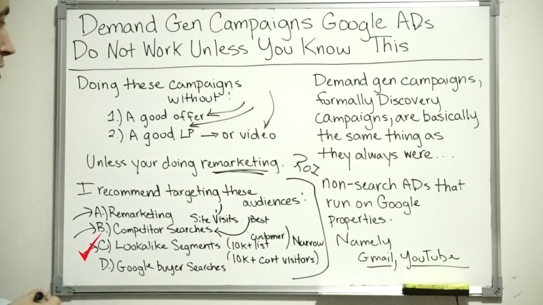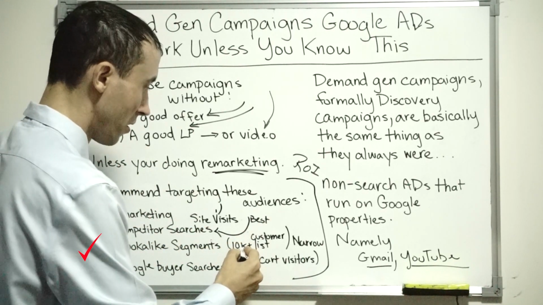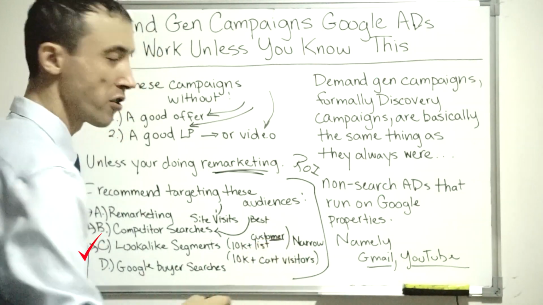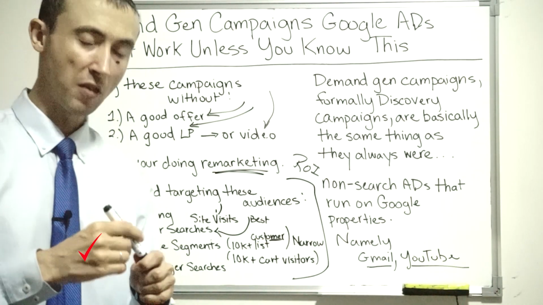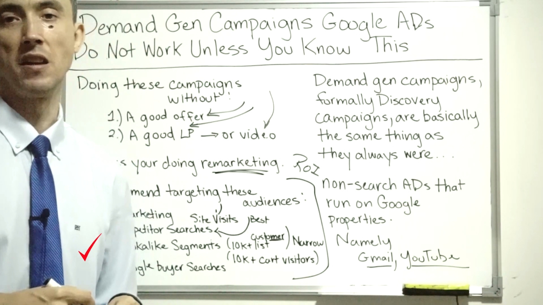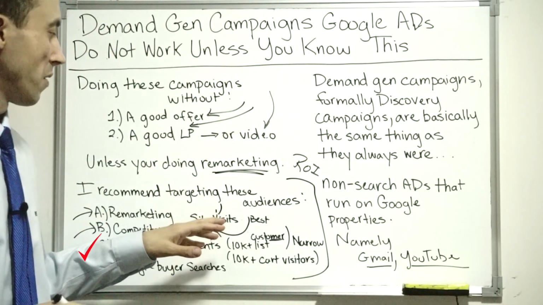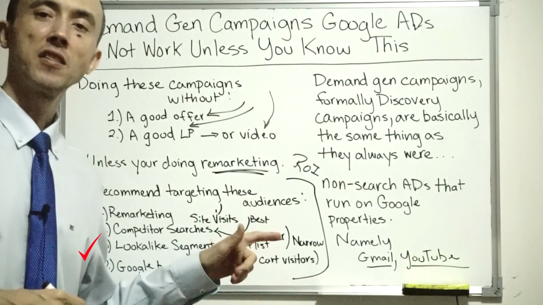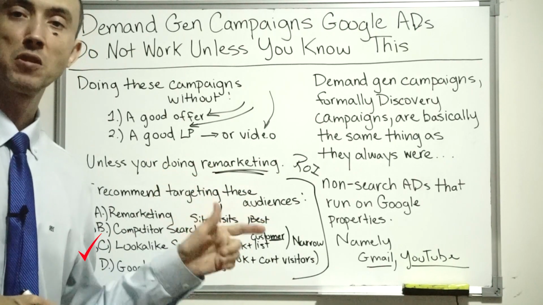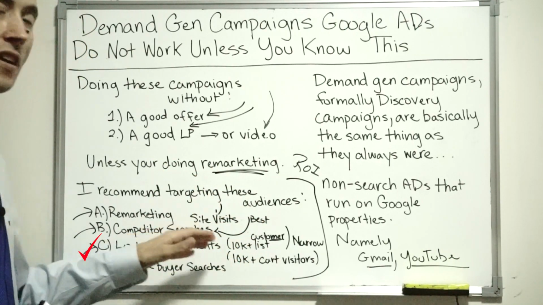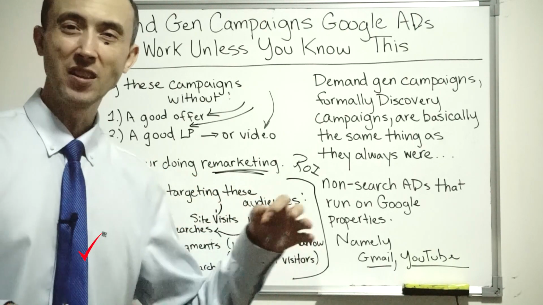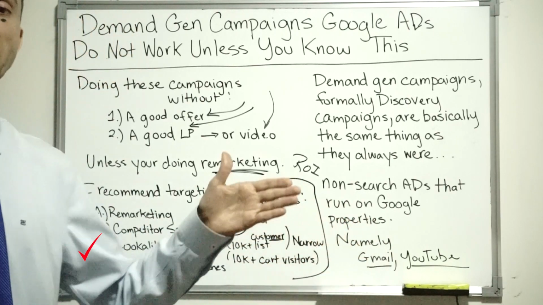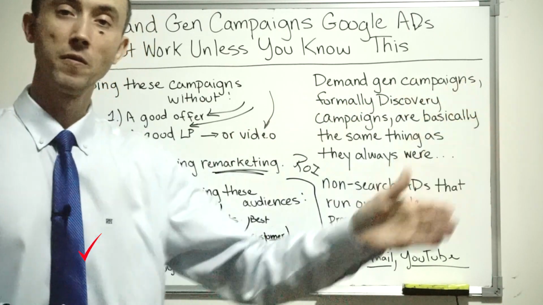Now with those, you're going to want to start with the people who are on your customer list. If you have a customer list of at least 10,000, it'll work great. Now, Google's only going to say you have to have a 1,000 customer list to do a lookalike segment, but we found that it doesn't really work the best. You're a lot better off if you have 10,000 customers or more.